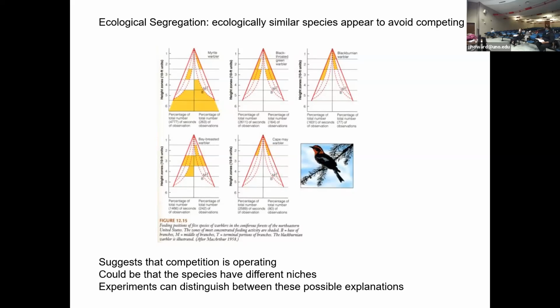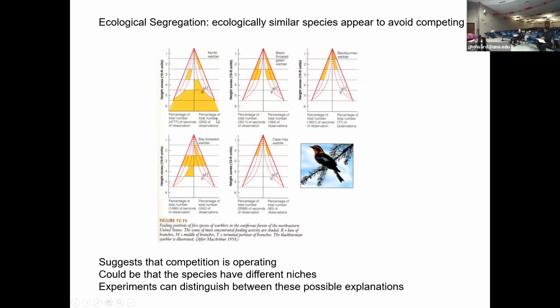Okay, and so what you see here, the yellow shading indicates where these species are spending their time feeding. On the left here is the percentage of total observations that they spend feeding in these areas. The yellow shaded portions of this sort of cartoon tree indicate the areas where they're feeding.